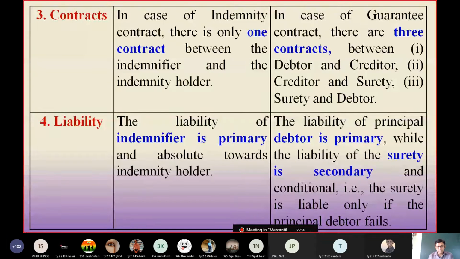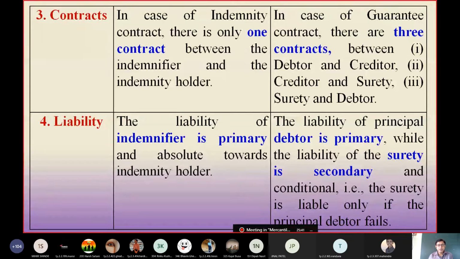If you have taken any insurance related to property, and any event occurs and your property is destroyed, then, if you have taken insurance and are paying regularly, and your policy is continued, the insurance company's liability is primary.